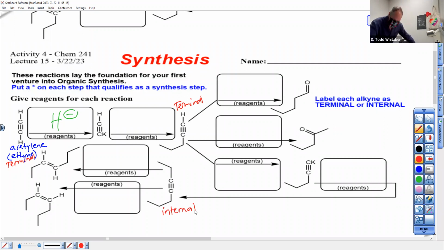Now, something we didn't discuss, and I'm going to show you the mechanism here, even though it wasn't asked for. That's a C minus. And you need a carbon that's got a halogen on it, bromine, chlorine, or iodine.